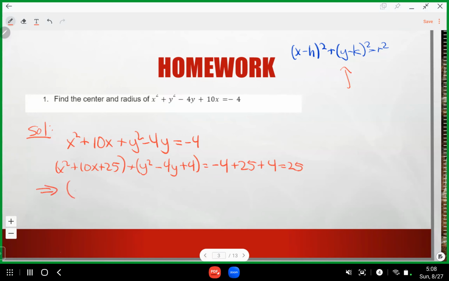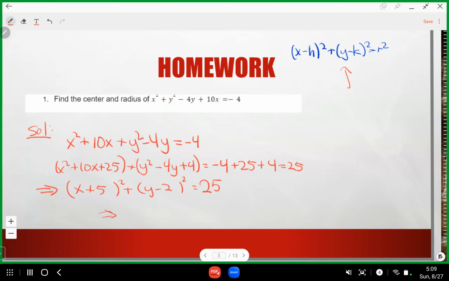Yeah, and after that, we just factor it. So it becomes x plus 5 squared plus y minus 2 squared equals 25. And then based on the equation, the center will be h, k, which is -5, 2, and the radius will be 5.